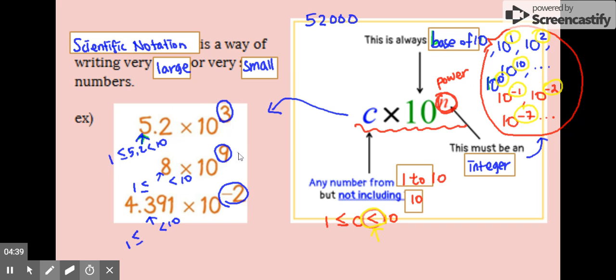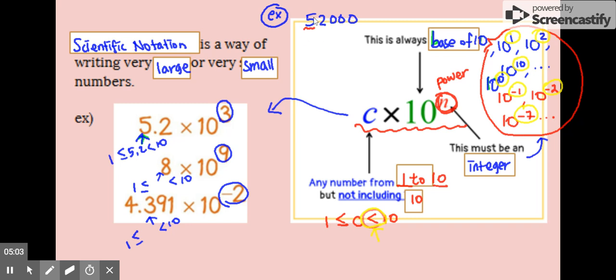Now I'll show you how to change this big number into scientific notation. So I need you to put this example on the top. Now we need to choose a number which is between 1 and 10. Let's look at the number like 5, and 52, it could be 520.